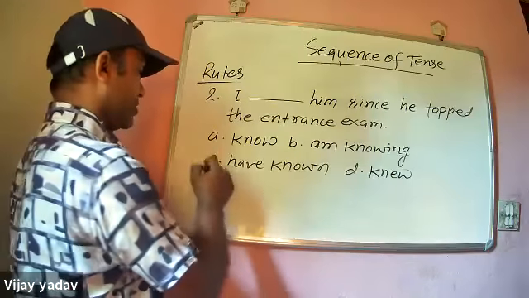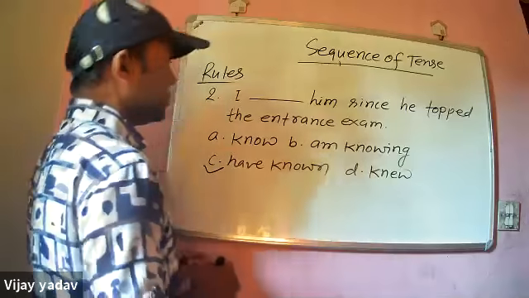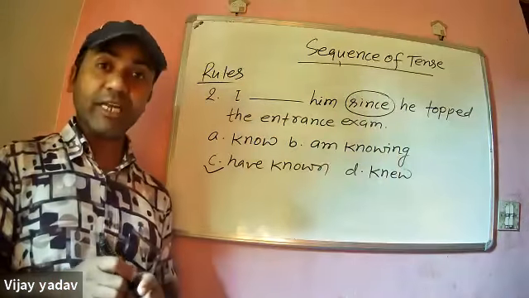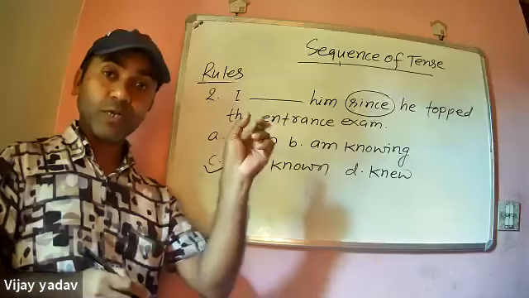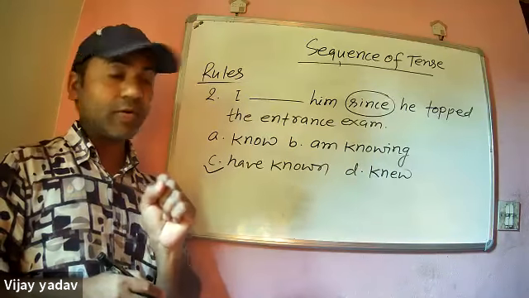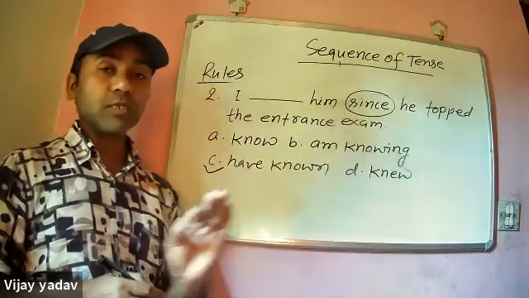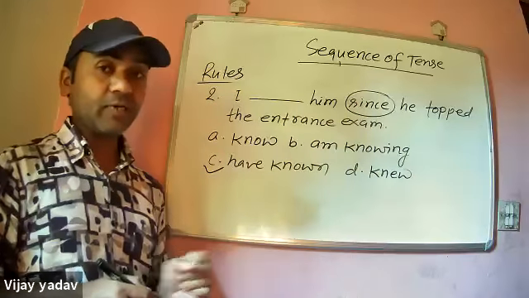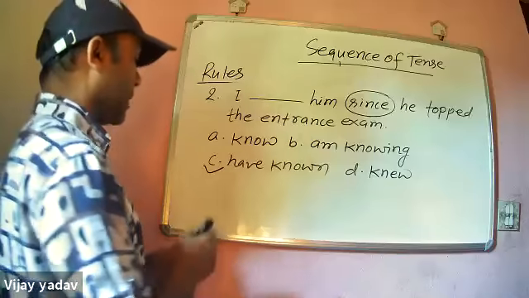Option C, right. So if two clauses are joined by since, then generally, before since we use present perfect, after since we use simple past.